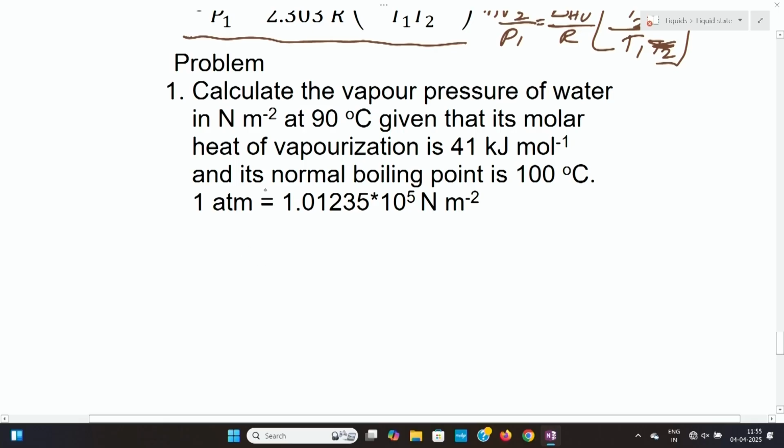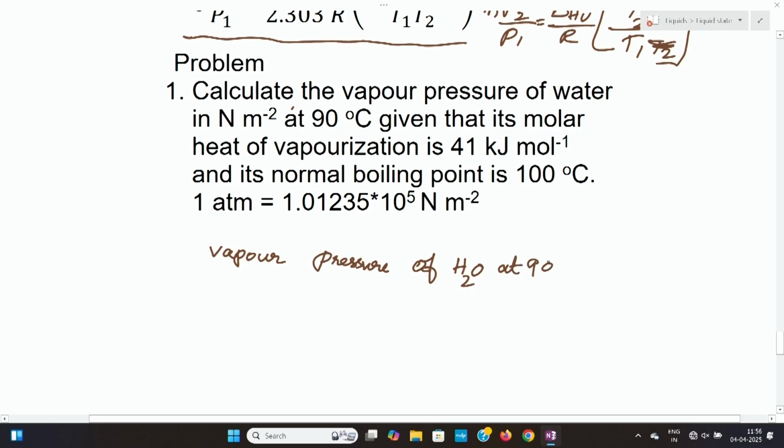Here the problem is: calculate the vapor pressure of water in Newton per meter square at 90 degrees Celsius, given that its molar heat of vaporization is 41 kilojoule per mole and its normal boiling point is 100 degrees Celsius. 1 atmosphere is 1.01235 into 10 power 5 Newton per meter square. Here our aim is to find out the vapor pressure of water at 90 degrees Celsius.